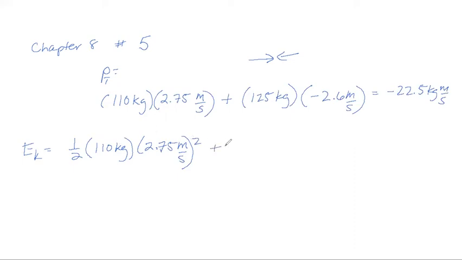Then plus the second guy's, 1/2 times 125 kg times a negative 2.6 meters per second quantity squared. It's worth noting that this is a scalar quantity. And we're going to get 838 joules for their total kinetic energies.